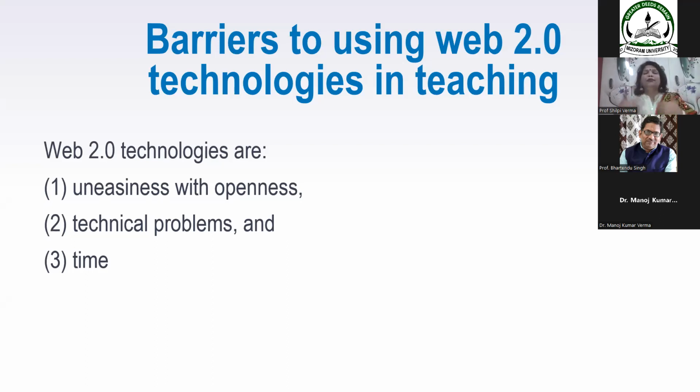Sometimes people are not so comfortable in the starting, about how to get used to all these tools, why to put all this information on a public platform. So hesitation comes. It is a barrier.